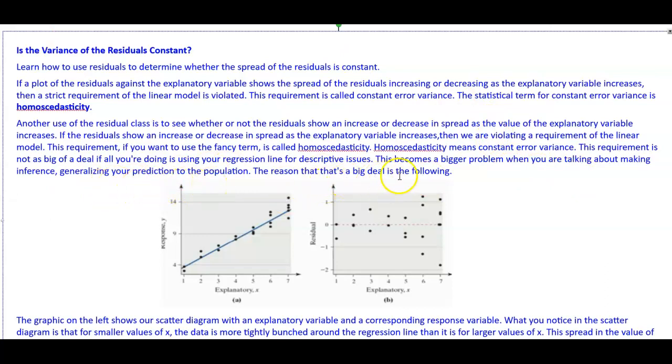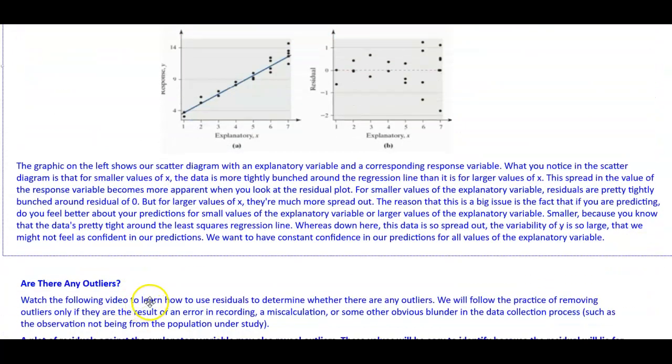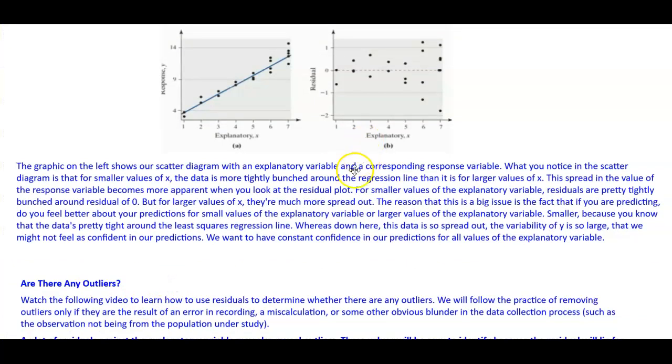The reason that it's a big deal is the following. The graphic on the left shows our scatter diagram with an explanatory variable and a corresponding response variable. What you notice in the scatter diagram is that for smaller values of x, the data is more tightly bunched around the regression line than it is for larger values of x.